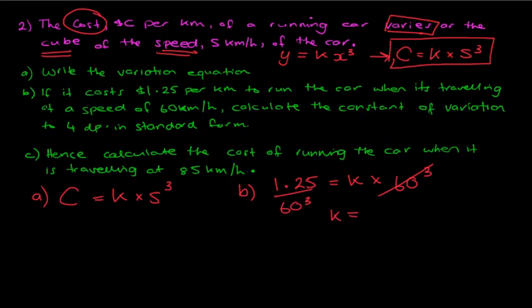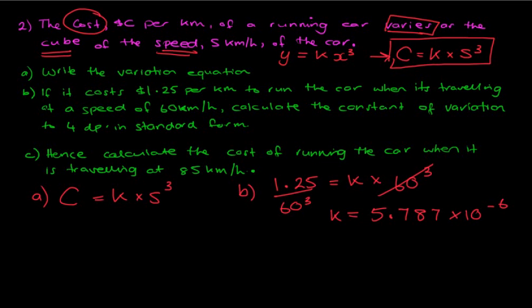So remember, standard form means times 10 to the power of. If you do it in your calculator, it should come up with that standard form automatically anyway. So if we do that correctly, we're going to get k equals 5.787 times 10 to the negative 6. Okay.